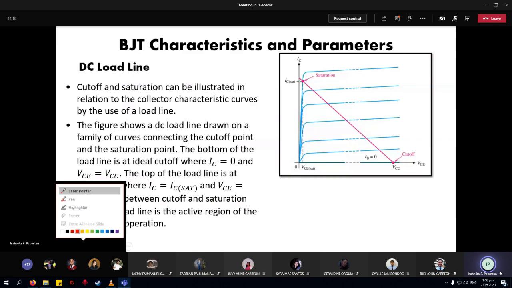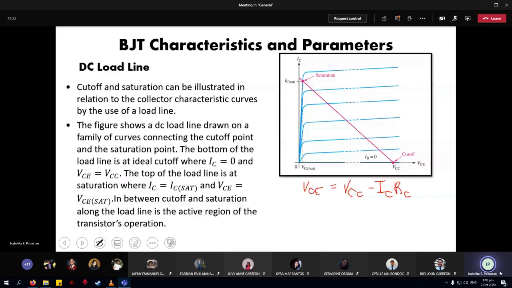You used that last night when you were doing your assignment. VCE is equal to VCC minus ICRC.